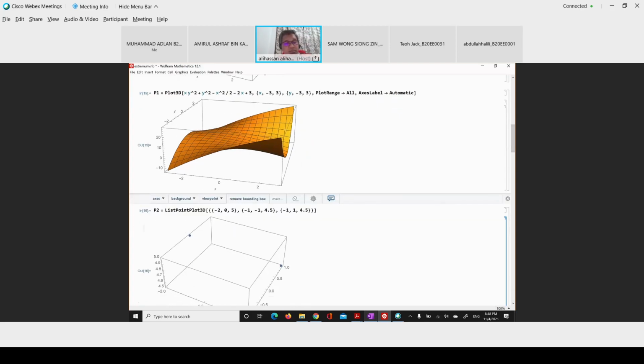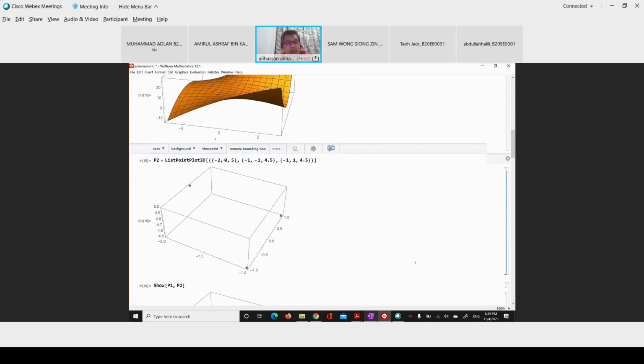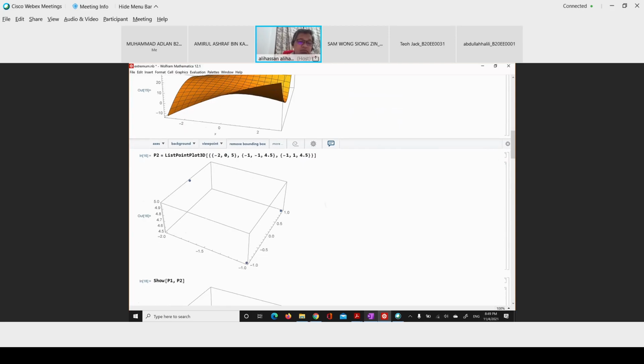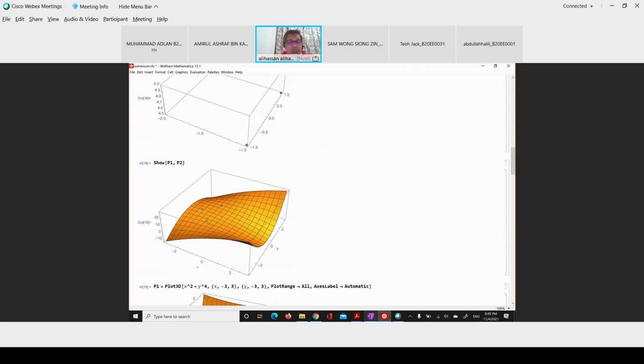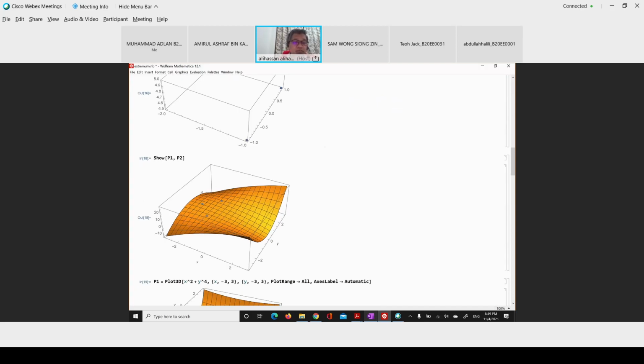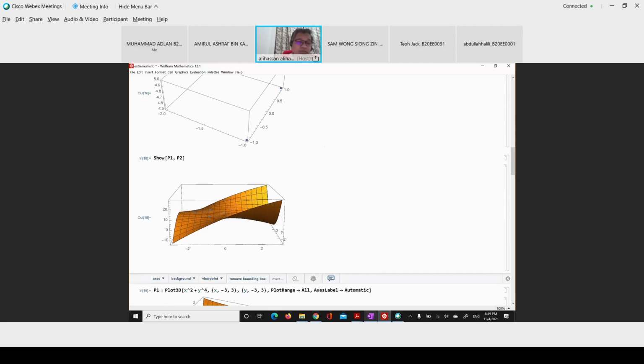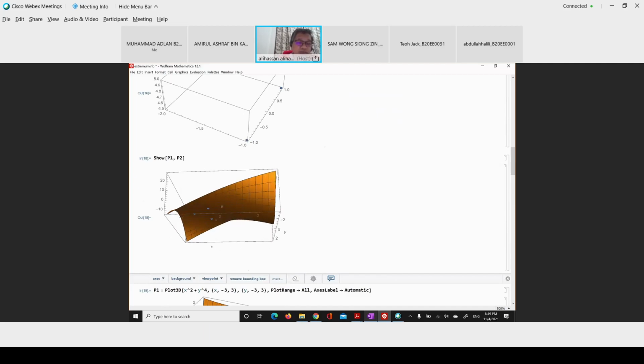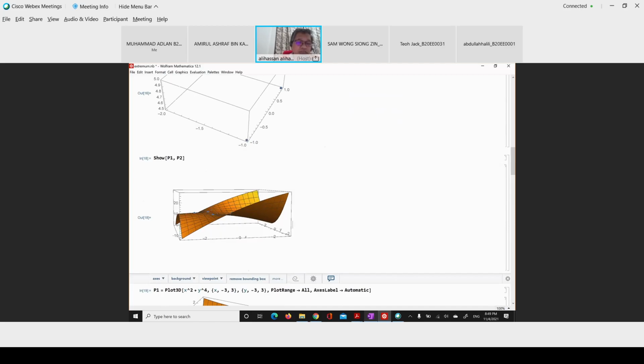Below, I plotted the critical points, and then we combine those two 3D graphs. So here are the locations of the critical points. We have 2 saddle points and 1 maximum point. You can see from the graph that we have 1 maximum point and 2 saddle points, and you can also see it from various angles.